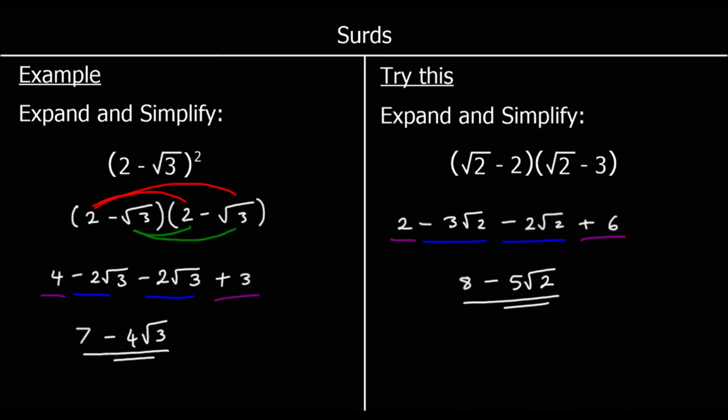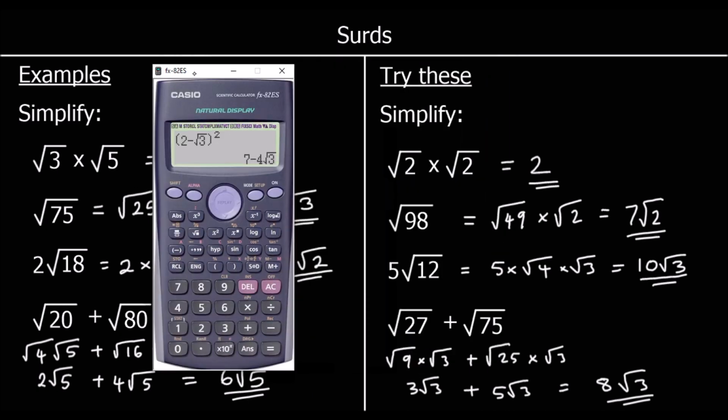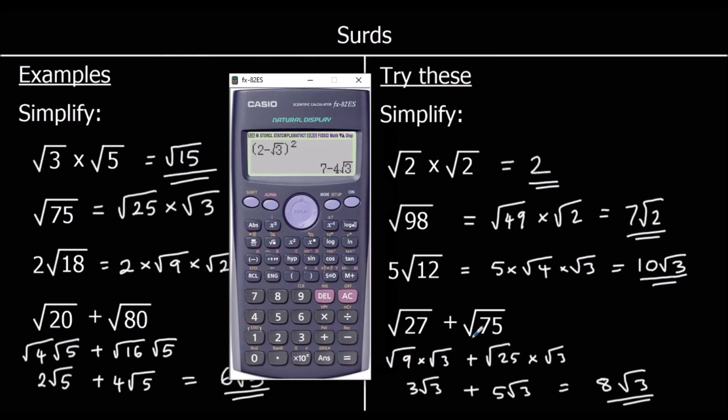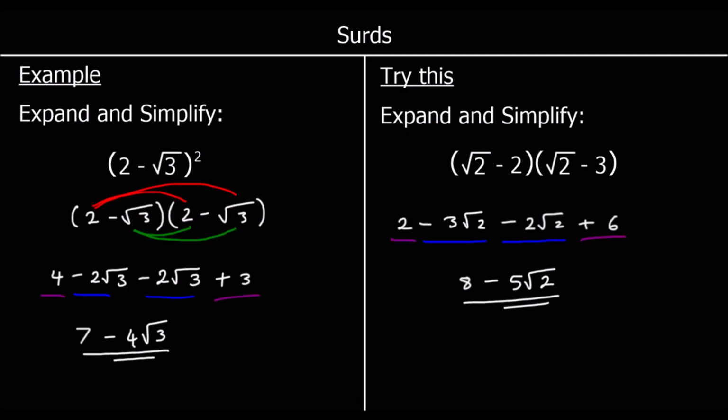And if I show you one on the previous page, root 27 plus root 75, 8 root 3. So the calculator will simplify for you.